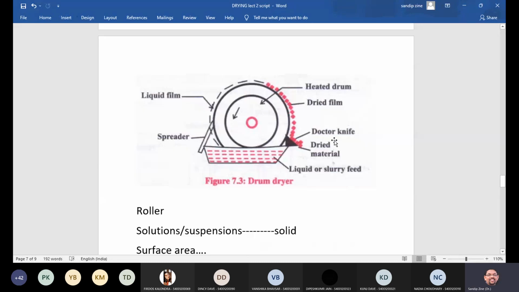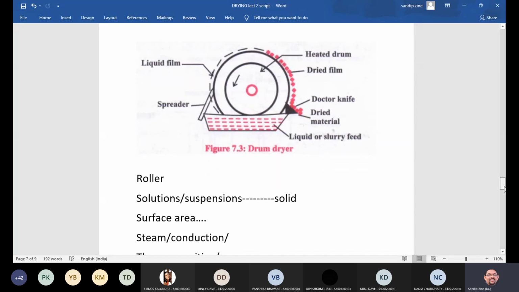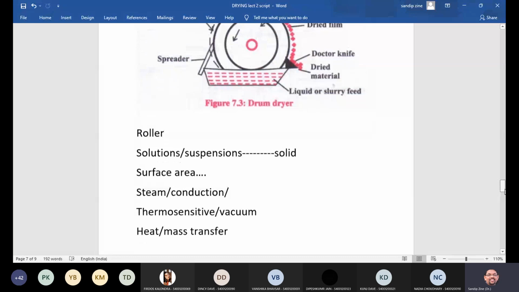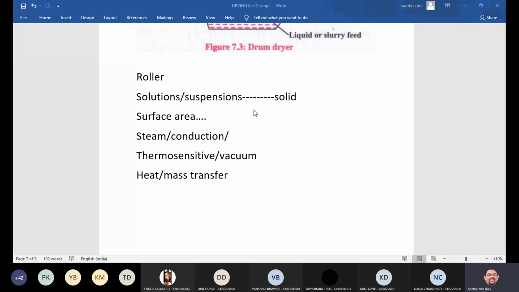I think these are very easy parts to understand. There is not that much complexity in these particular points. Then moving further, next we will talk about the third dryer, and then we will stop today for this session.